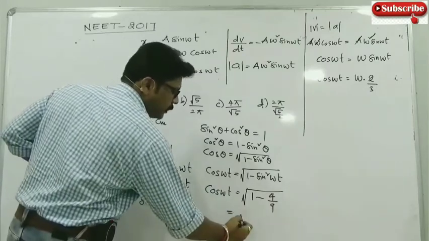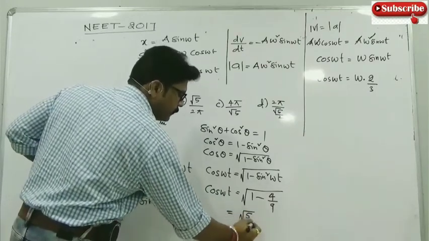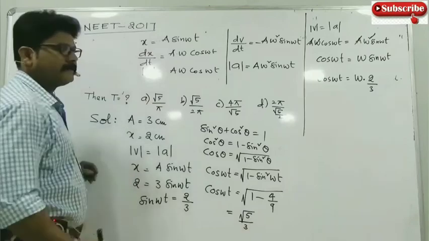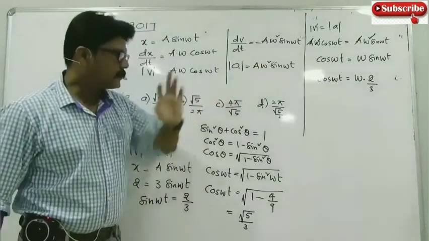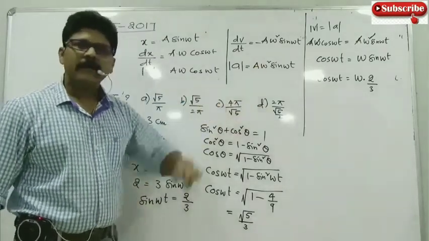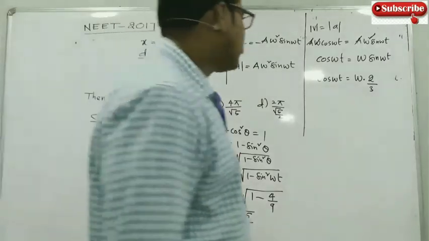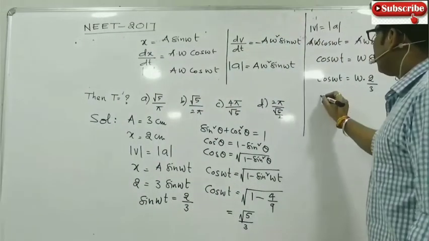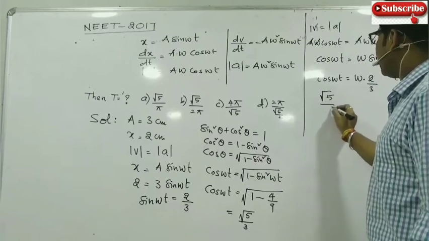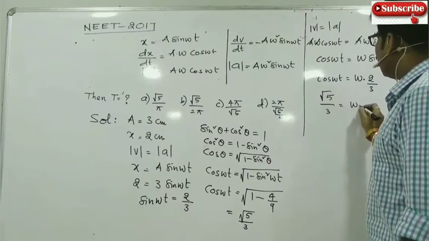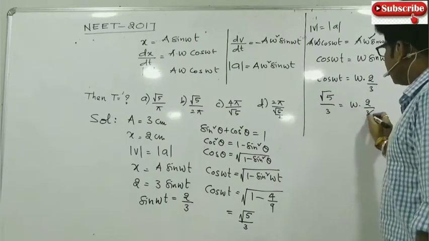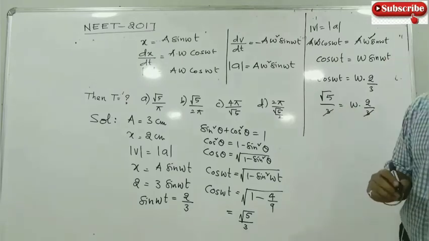So how much will we get? Under root of 5 divided by 3. Am I right? Take this and substitute in that value. Now cos omega t we have as root 5 by 3 equals omega into 2 by 3. So these two 3s will get cancelled.